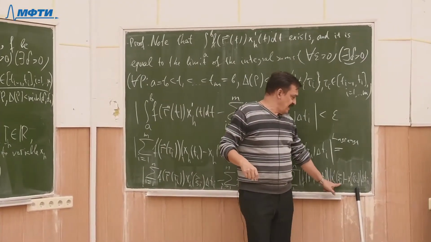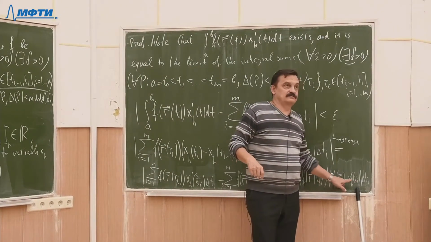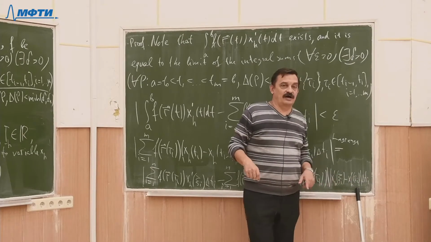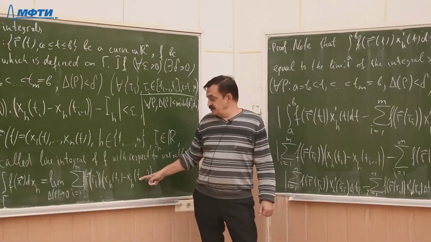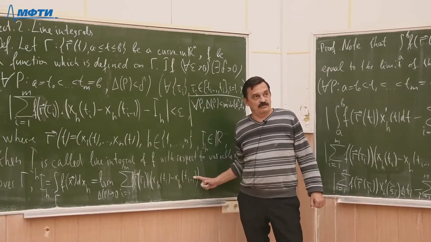The points psi_i and tau_i are both between t_{i-1} and t_i, somewhere between them.